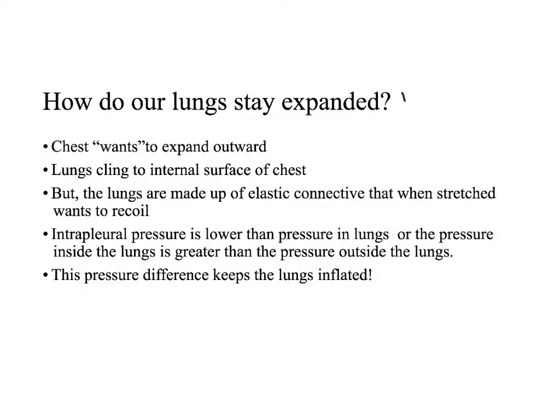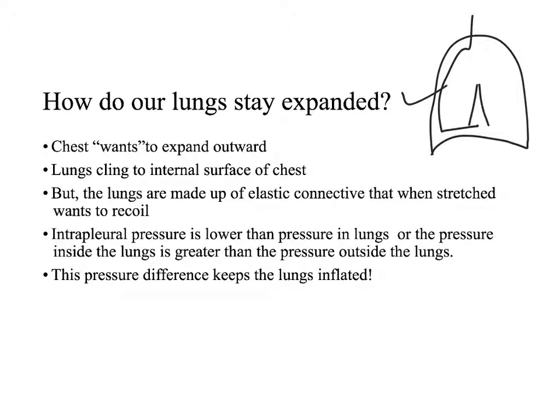Okay, now, how do our lungs stay expanded? If you think about our thoracic cavity and the way that it's designed, the ribs and the muscles, what happens is the chest cavity always wants to expand. When it's at rest, it wants to be big.